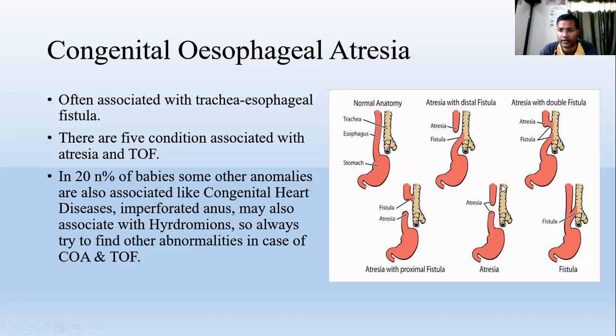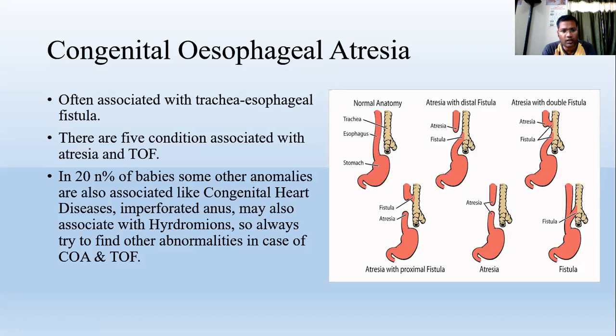Here is complete atresia, meaning there is no fistula, but there is atresia. Here there is a fistula, no atresia. So these are 5 conditions where atresia usually exists along with the tracheoesophageal fistula in most cases.